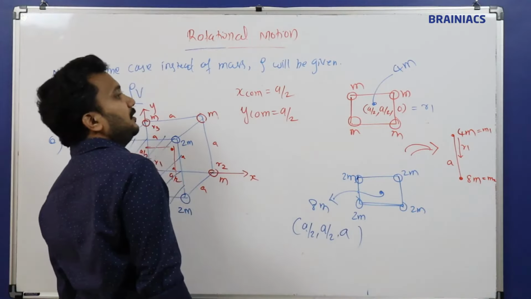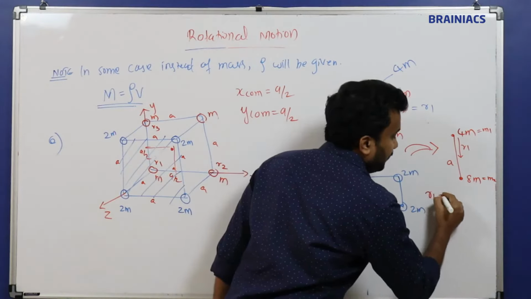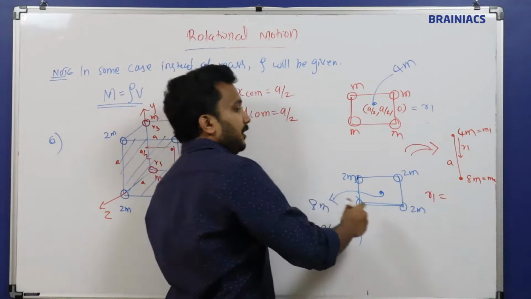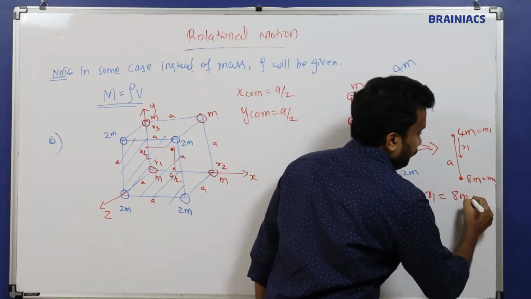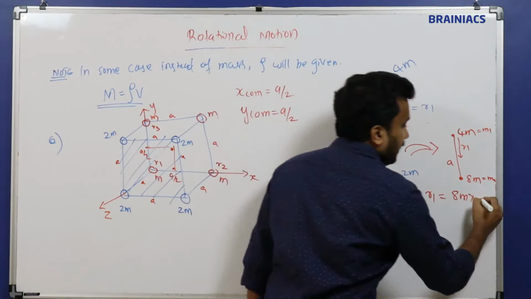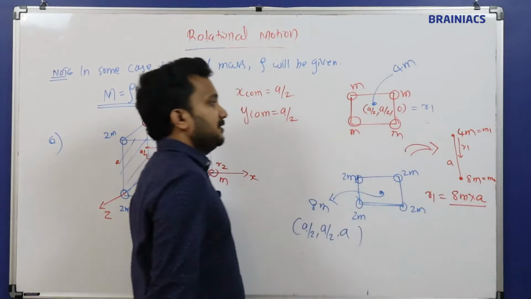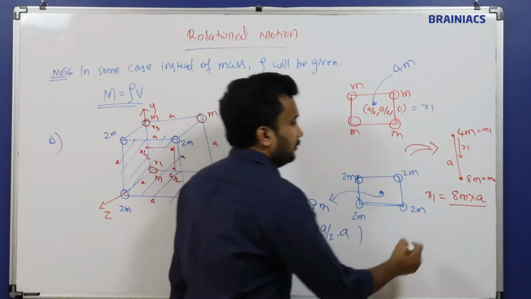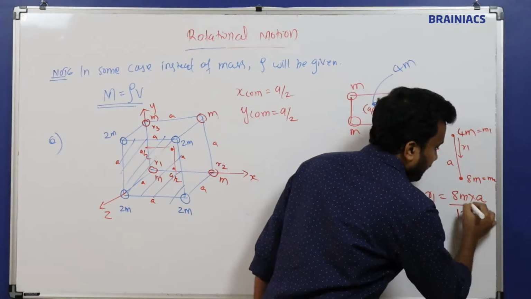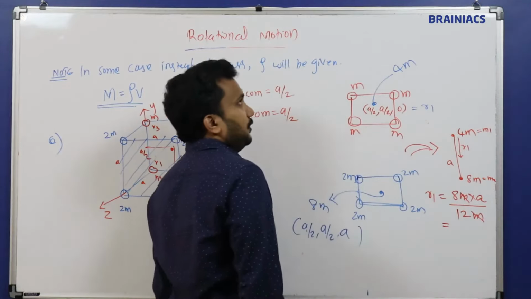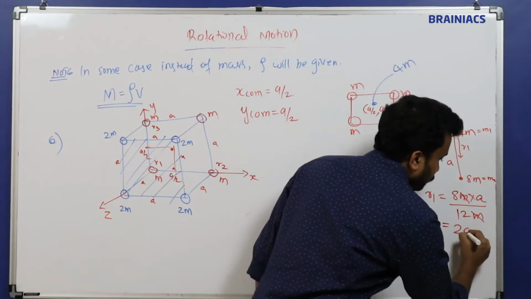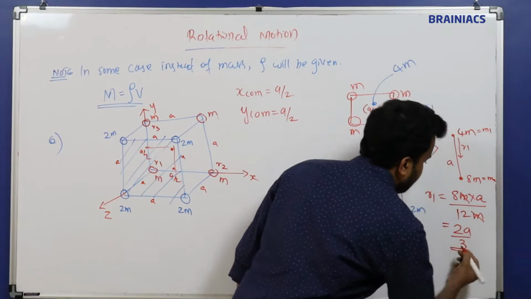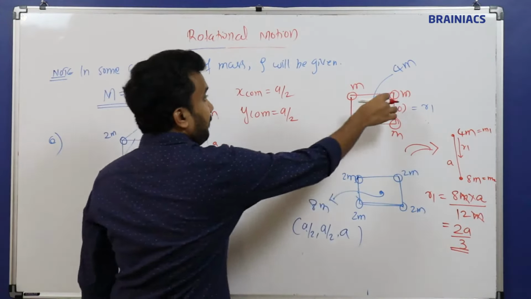How do we find r1? r1 is equal to the second body 8m into the distance between the two bodies, a, divided by the sum of the masses, 4m plus 8m. The answer is 12m, and m cancels. This is 8 by 12, which is 2 by 3, so 2a by 3 will come. So 2a by 3 from the origin.